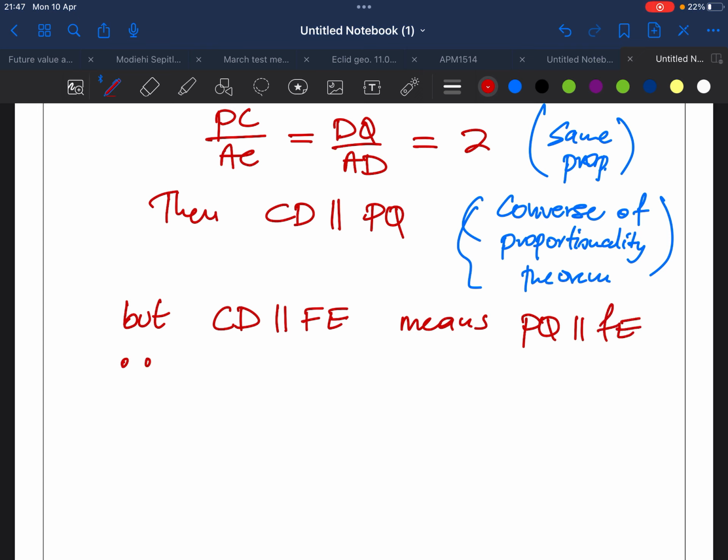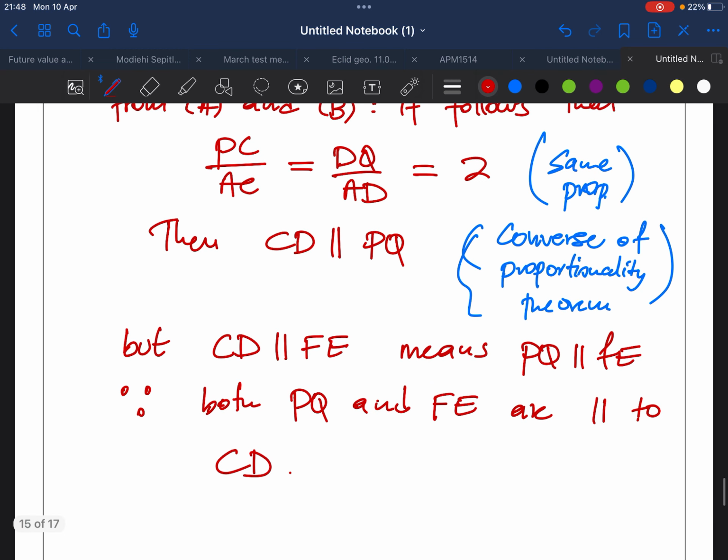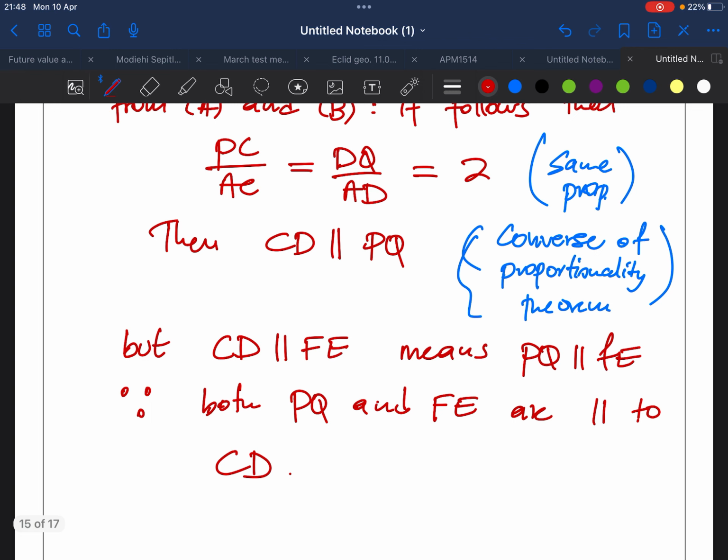Why? Because both PQ and FE are parallel to CD. Hence we say that PQ is parallel to FE also.